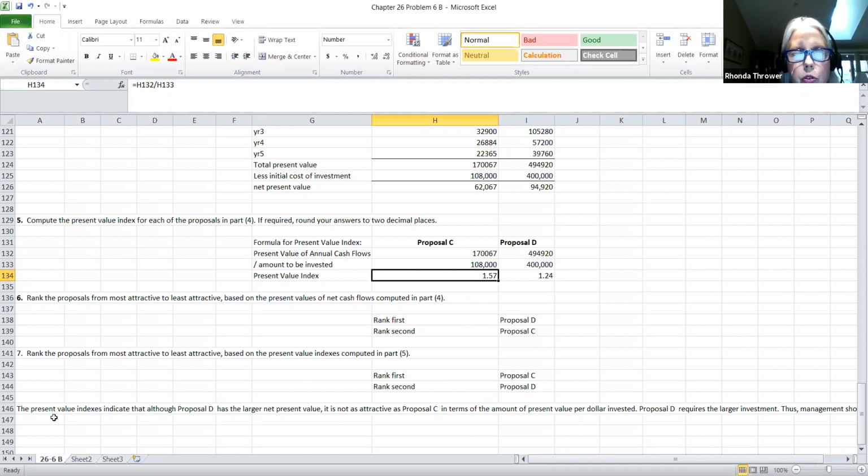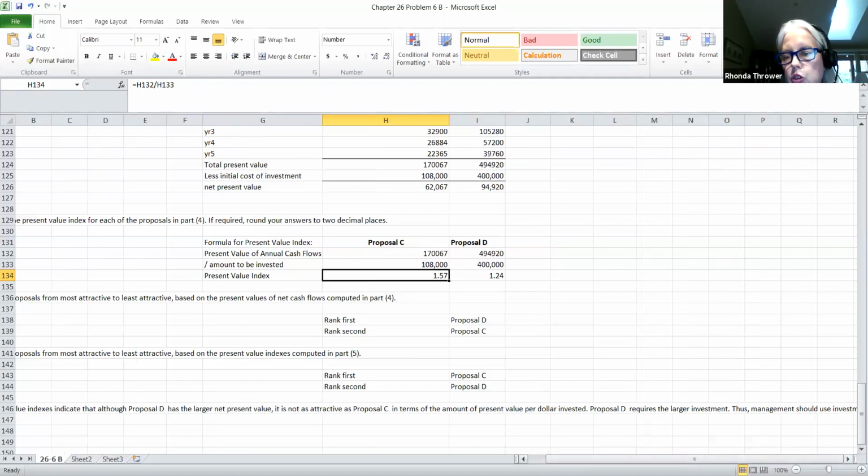So which one should we choose? The present value indexes indicate that although proposal D has the larger net present value, it's not as attractive as proposal C in terms of present value per dollar investment. In other words, proposal D requires a larger investment.